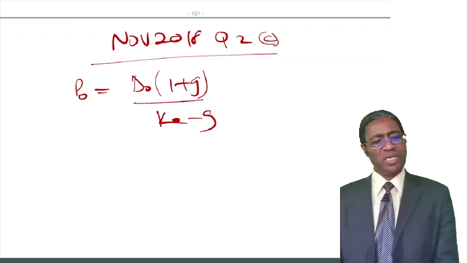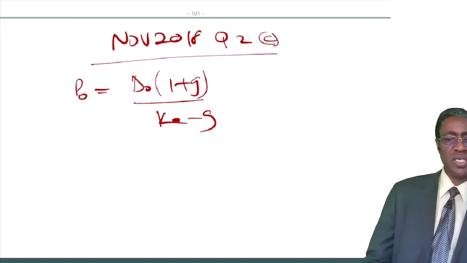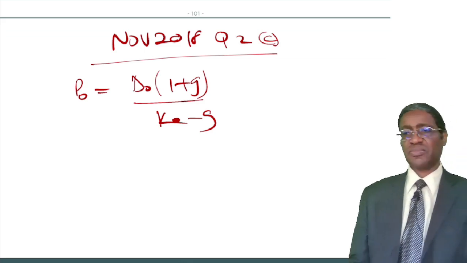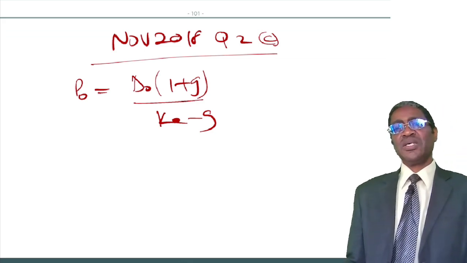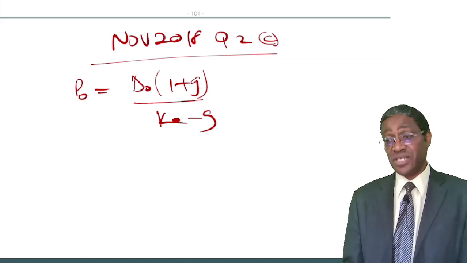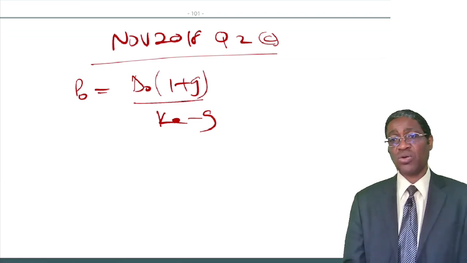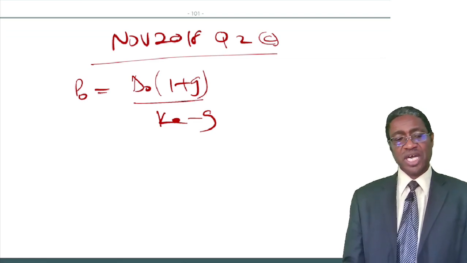That's our formula. Let's see what we have not been given. D0 is the latest or the current dividend. That one I know.